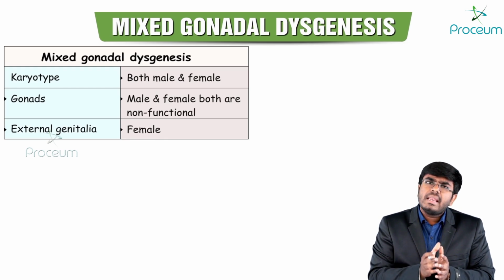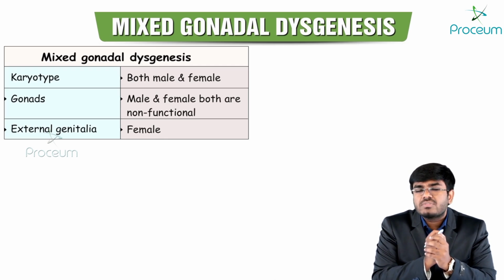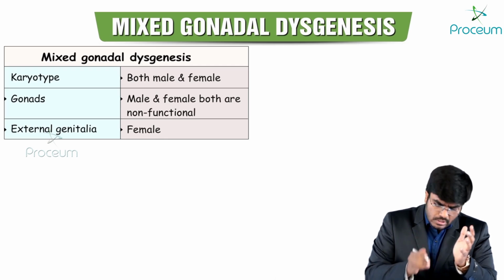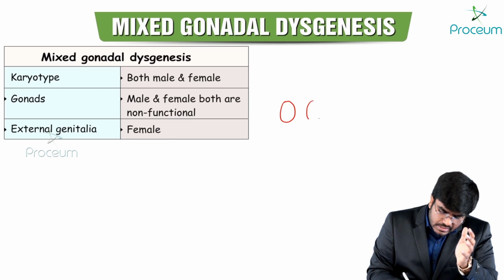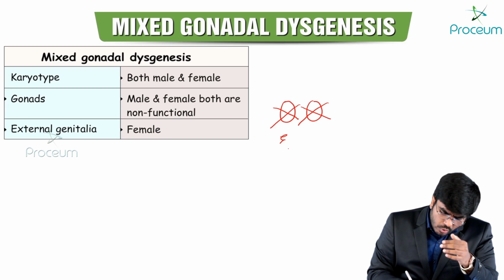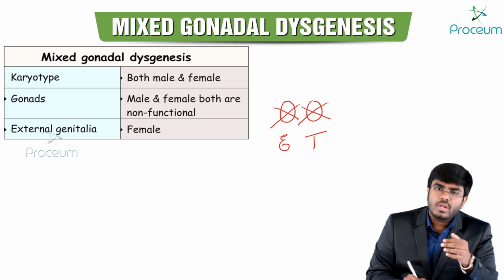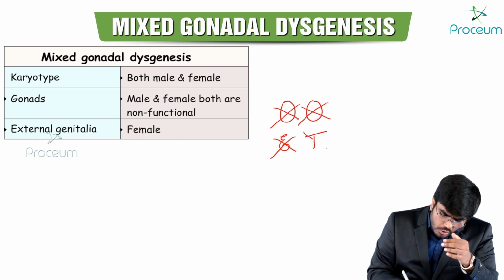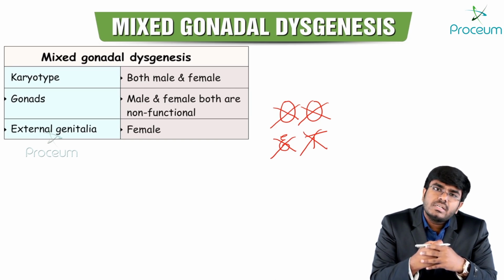If both the male and female gonads are non-functional, what happens? Just think, ovaries are there, testes are there, both of them are non-functional. So there is no estrogen and there is no testosterone. If no estrogen, no testosterone, what will be the external genitalia?